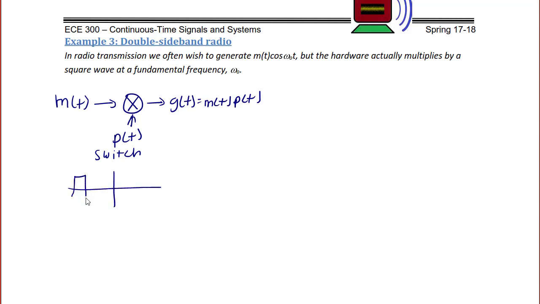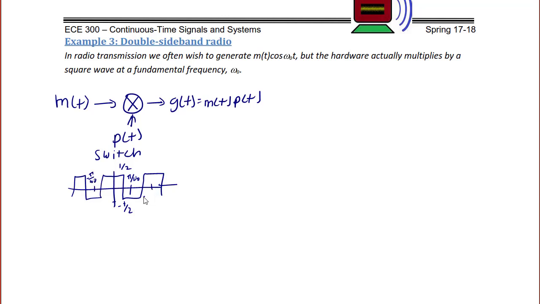What you should note here is this is going to be the pulse train from the prior example. So it has an amplitude of 1/2 and negative 1/2. It's symmetric about the time axis, where the value here is pi over omega naught, and the value here is negative pi over omega naught.